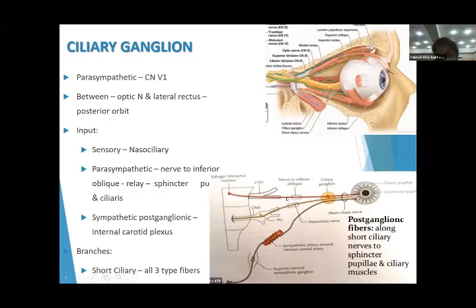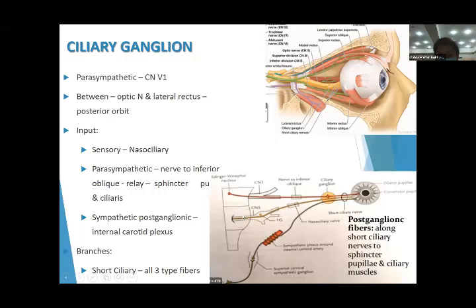Then they leave the nerve to the inferior oblique, enter the ganglion, relay in the ganglion, and then postganglionic fibers pass through the short ciliary nerves and go and supply the sphincter pupillae and ciliary muscles. Okay?